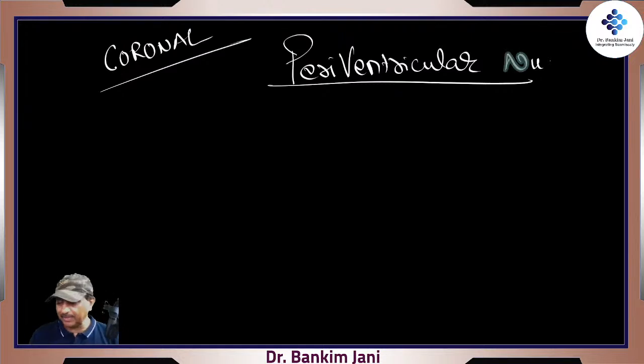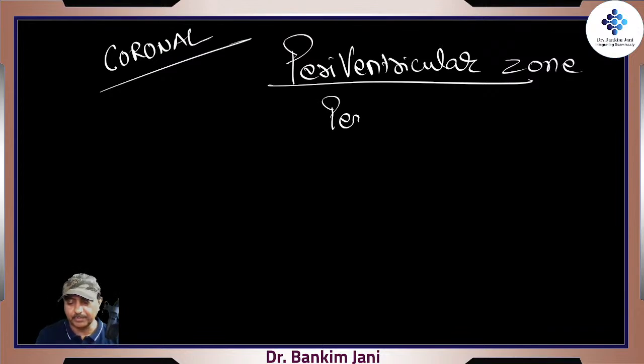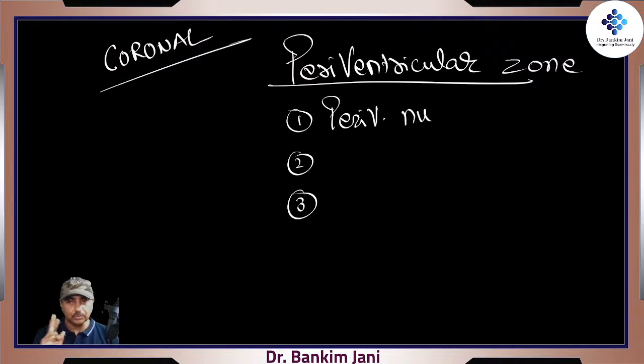So in the periventricular zone, there would be the periventricular nucleus, right? So this is the periventricular nucleus 1. There would be 2 more nuclei, possibly.